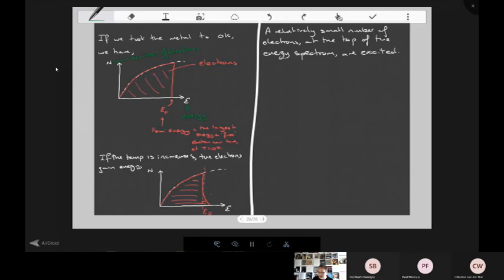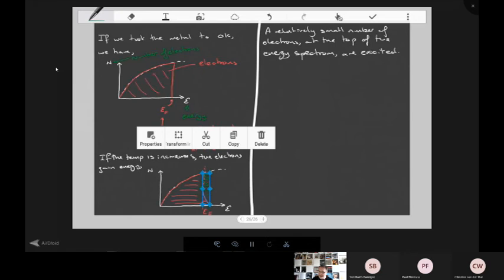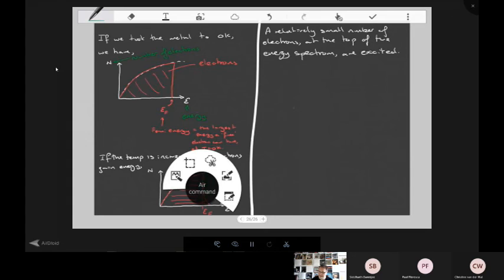You only excite at the edge. So actually, if you work out the specific heat capacity of a metal, it's nowhere near as big as you would theoretically predict if all of the free electrons were taking part in absorbing energy and moving faster because of the thermal energy they gained. It's a tiny, tiny number.